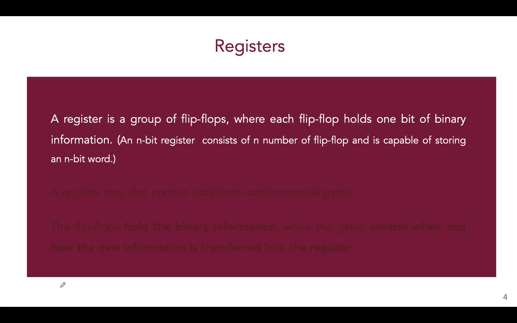A register is just a group of flip-flops all connected together, and the storage capacity of a register is essentially however many flip-flops it has. So if you're talking about an n-bit register, all you have to do is combine n separate flip-flops, and each of these flip-flops will hold one bit of information. That means the entire register will hold n bits of information.